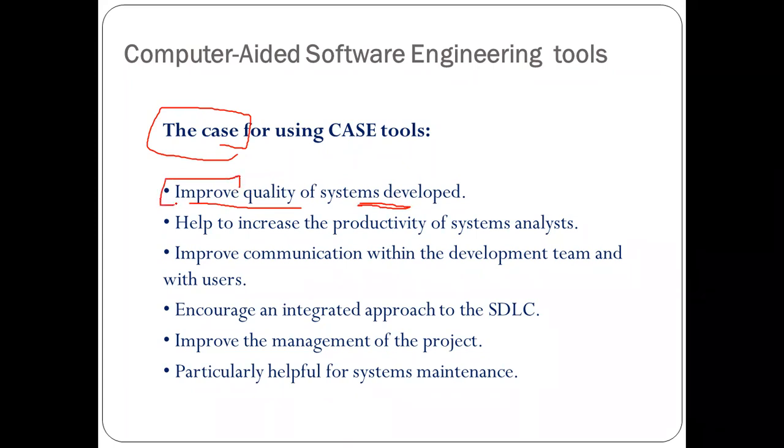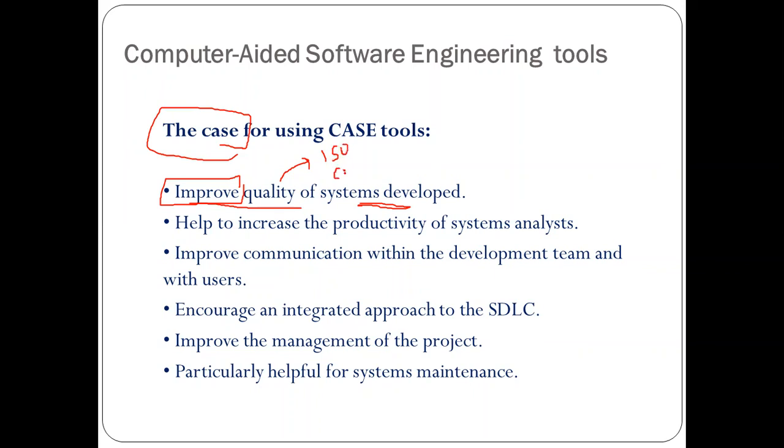And when I say improve the quality, it not only includes the general quality features, the reliability, the robustness, the efficiency, the performance, but it should also include all the standards. That means we have studied the ISO standards and the CMM model.